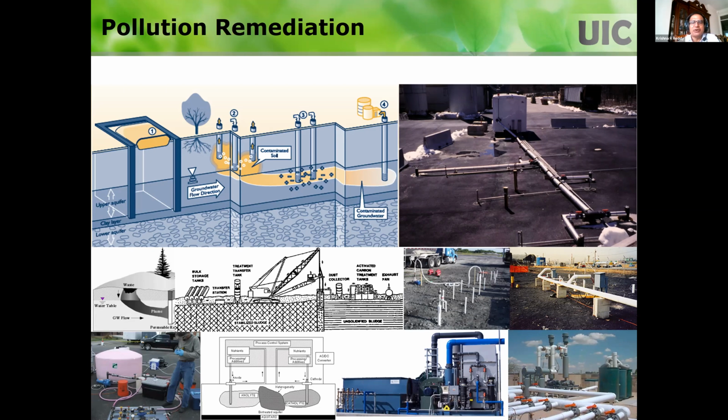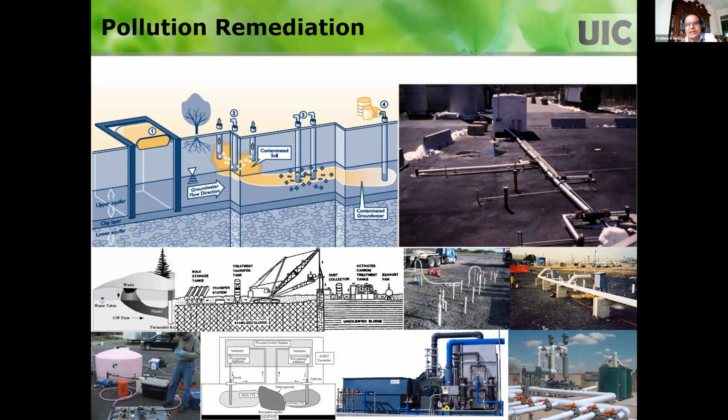Depending on the site-specific conditions and the type of contaminants, we can use different technologies to clean up the contamination. We're going to look at some of these as we go into future lectures.